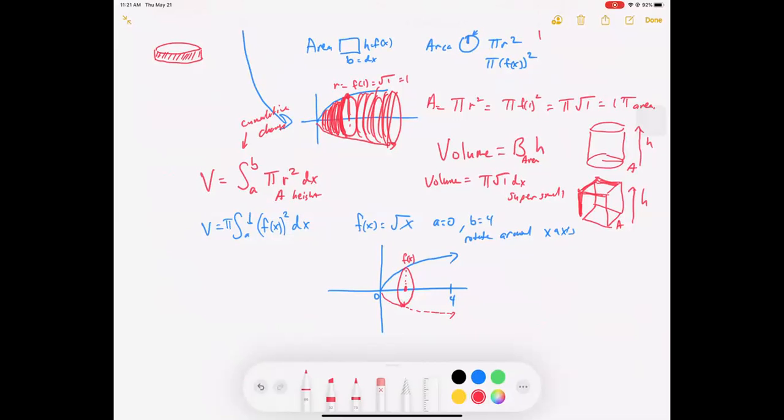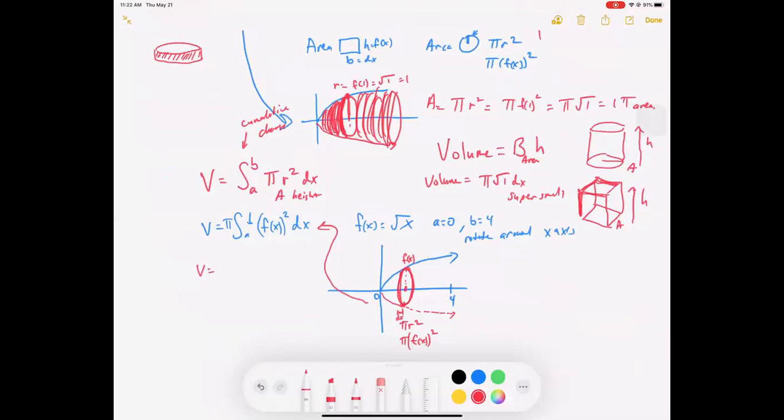So the area of a circle is really pi r squared, which is pi f of x squared, because it's just the area of the circle with the radius of f of x. And to get volume, we have to multiply this by a little sliver of dx. So that's how we end up with this equation here.